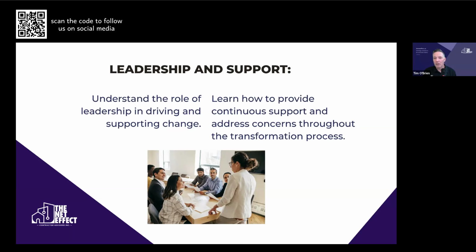One other thing you can do when it comes to leadership is helping everybody understand what's happening, but also rewarding them. Recognizing is a form of leadership. So, recognition and reward.